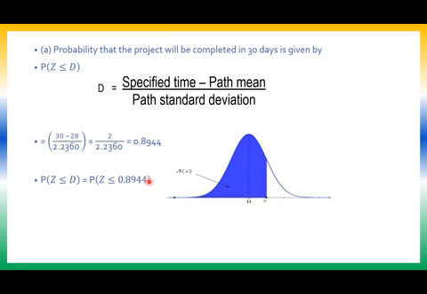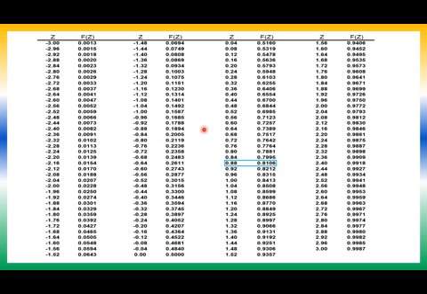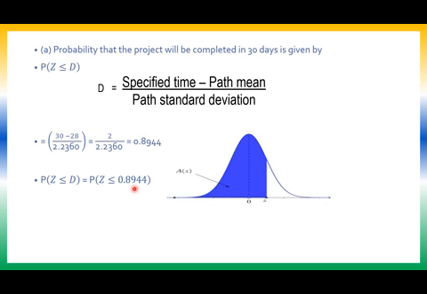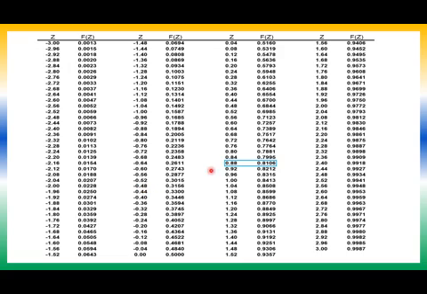So look at the table. With the table you have, you will get a very accurate answer. But I am using a simple table. Exact 0.8944 I don't have here. The nearest value I am taking, the nearest value for 0.8944 is 0.88 here.